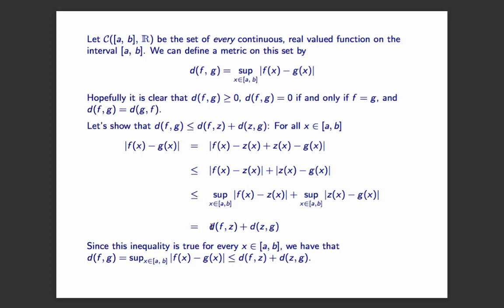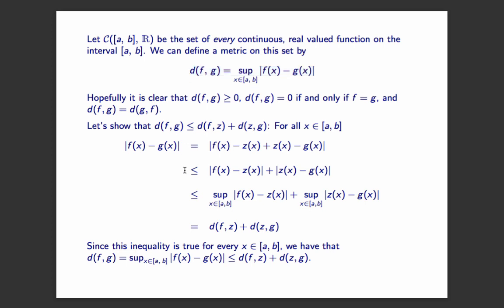And since the sum of these two metrics is an upper bound for the difference between f and g for all x in my interval, then this upper bound is greater than or equal to the smallest upper bound, that is the supremum of f minus g, which is the definition of the distance between f and g according to this notion of measuring distance.